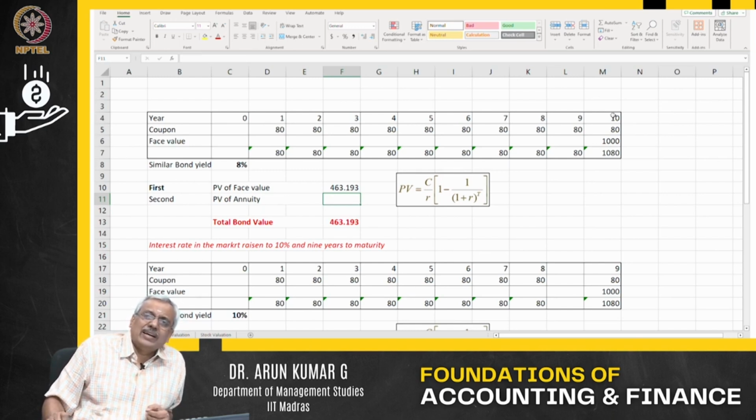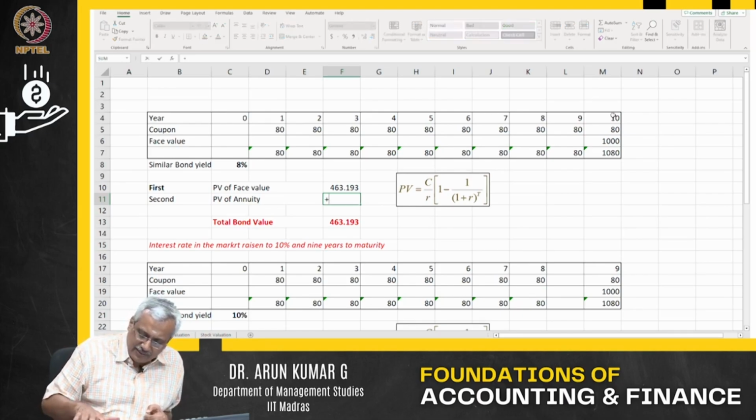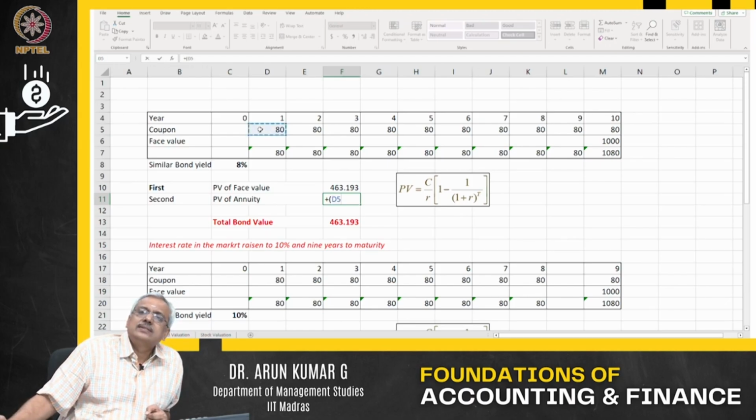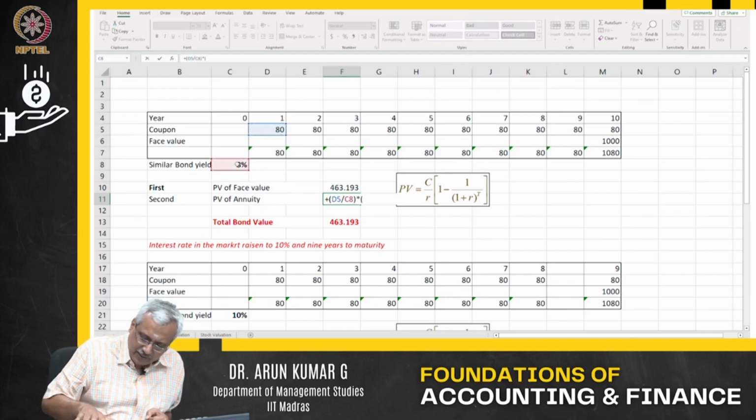We talked about annuity in the last class, and we are going to use that. The coupon every year is $80, and R is the interest rate, 8%.